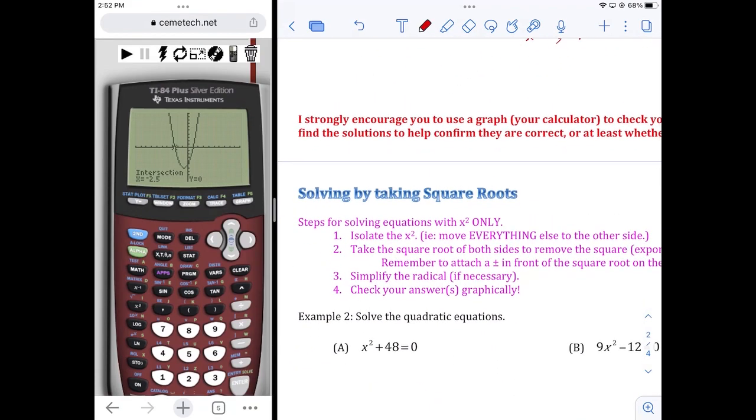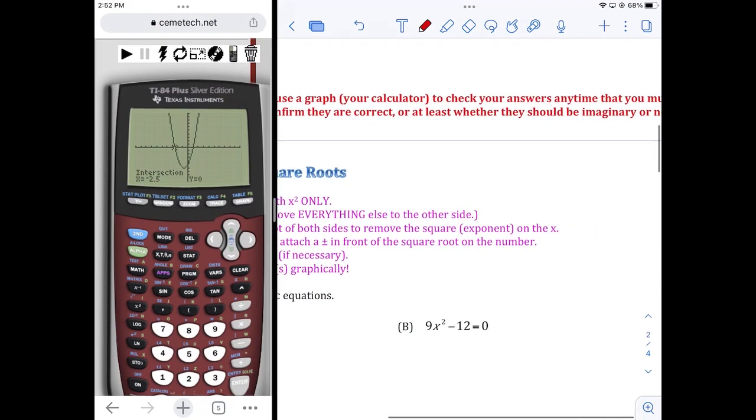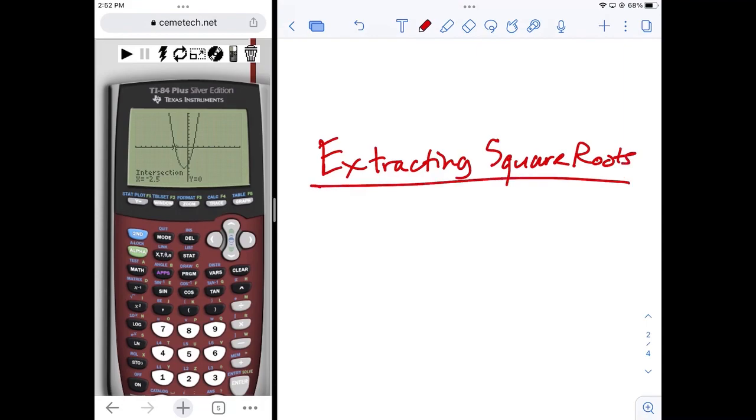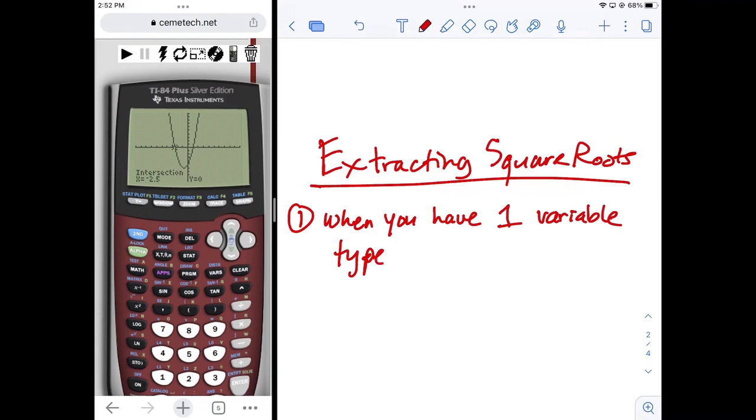Now, I have my own instructions for this as well. This is going to be for what I call extracting square roots. You do this when you have one variable type, like an x squared or an x.